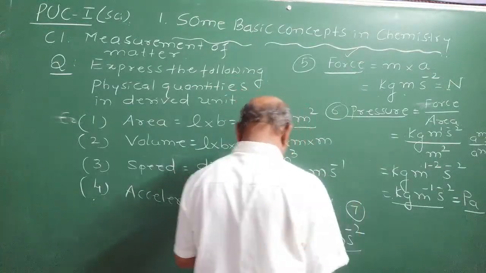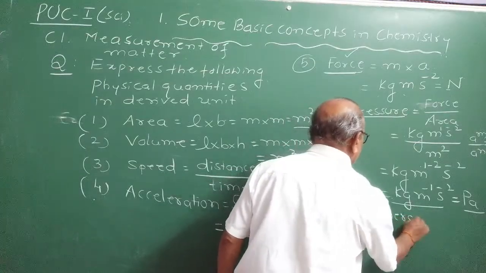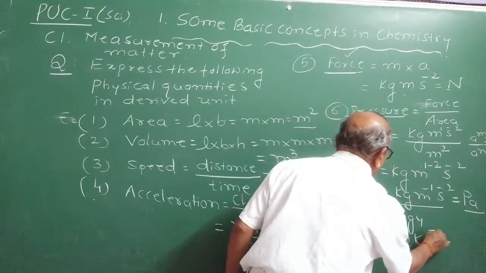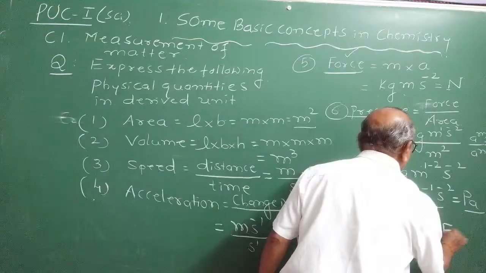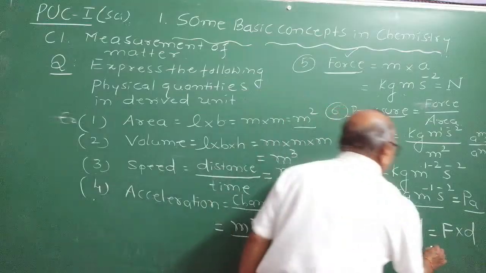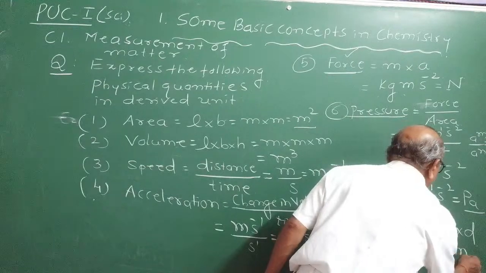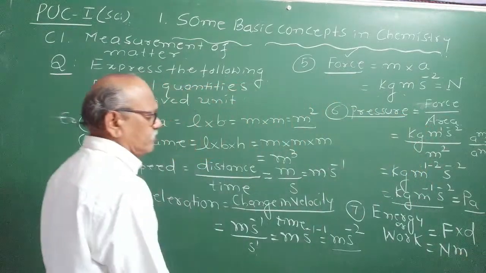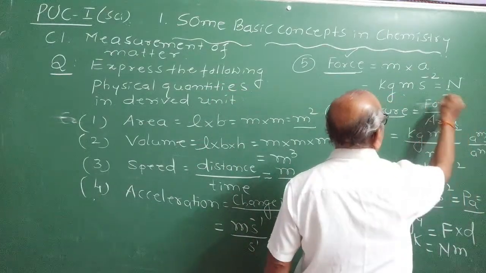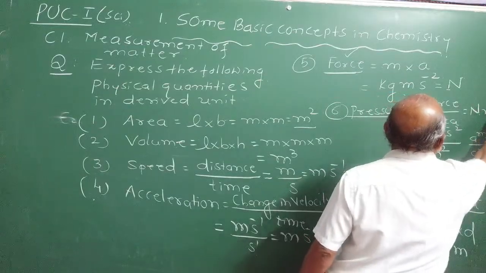Seventh example I want you to take is energy or work done. Both work done and energy will have the same unit. Work done is given by force into displacement, right. The unit of force is already, you know, in Newton, into meter. You can write the SI unit of pressure, force by area, as Newton per meter square.